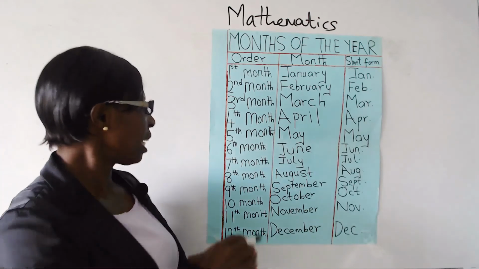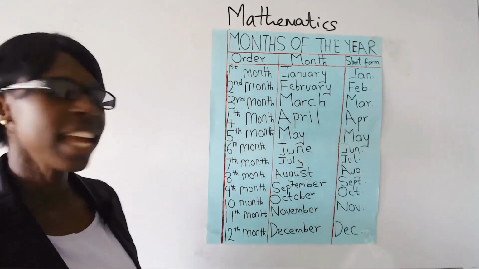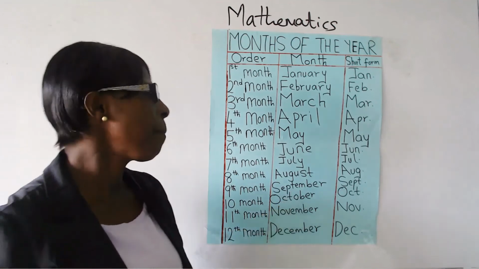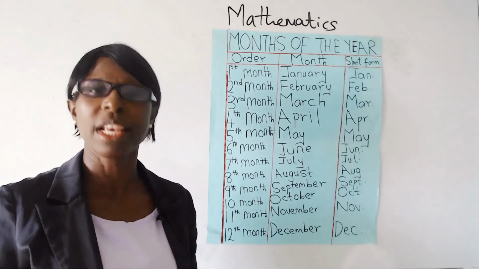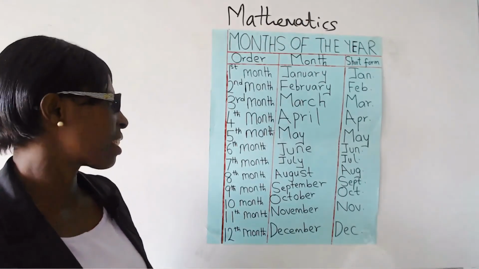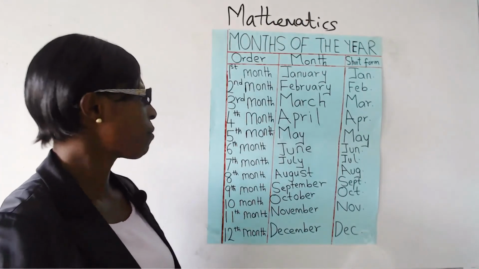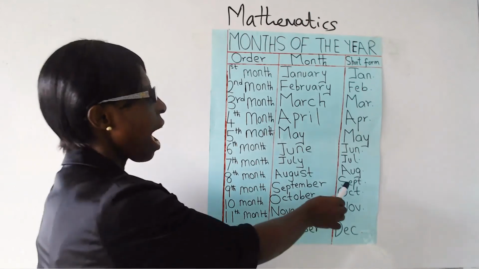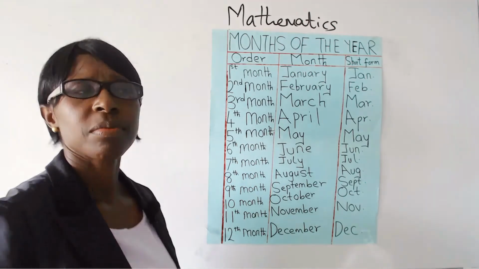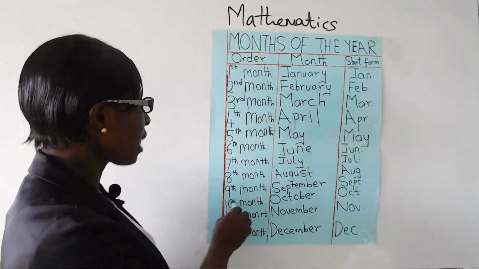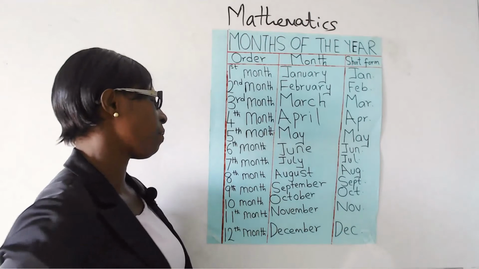All right. The 9th month of the year is September. September. I want you to repeat it after me. September. All right. And the short form of September is S-E-P-T, dot. You put your dot. It's an abbreviation. 10th month of the year, October.